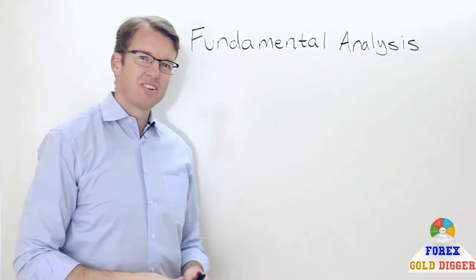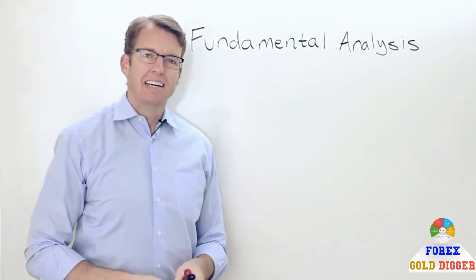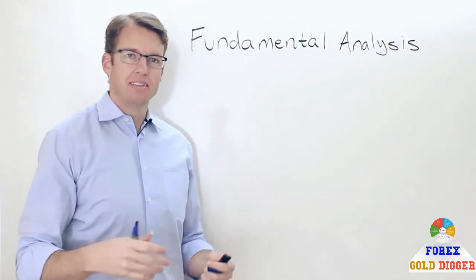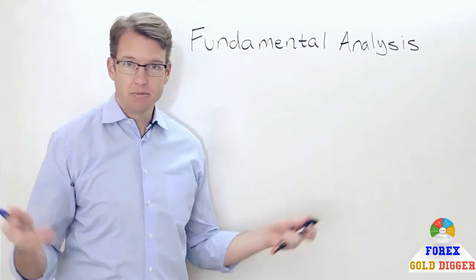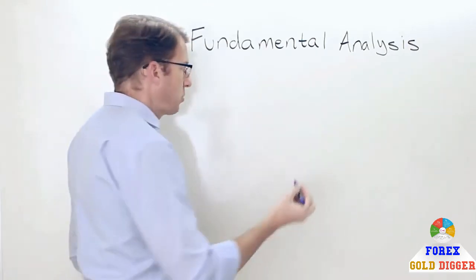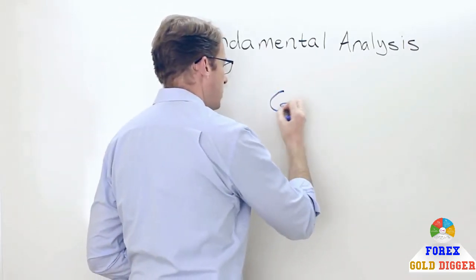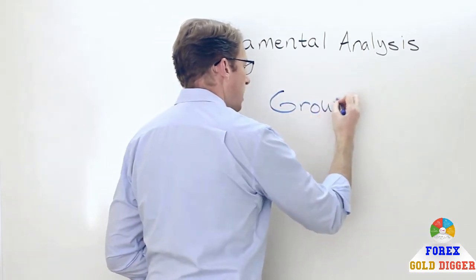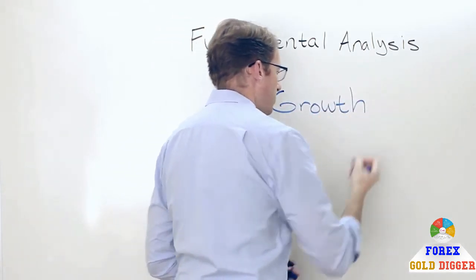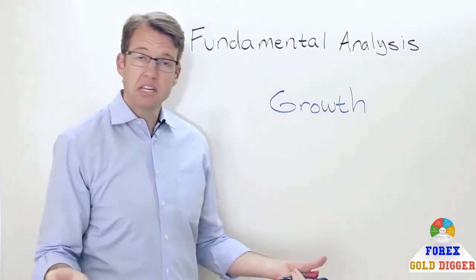Now, the next two factors I think are somewhat related in the way that they modify the forces of supply and demand for a particular currency. Number one would just be growth in general. If you think about it, economic growth increasing demand for a particular currency should make sense.